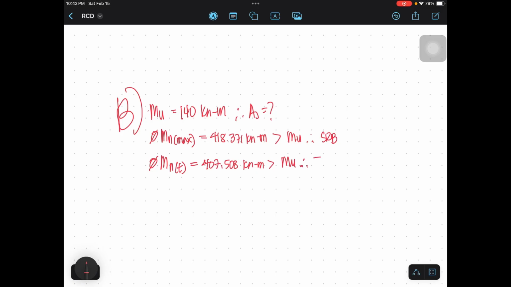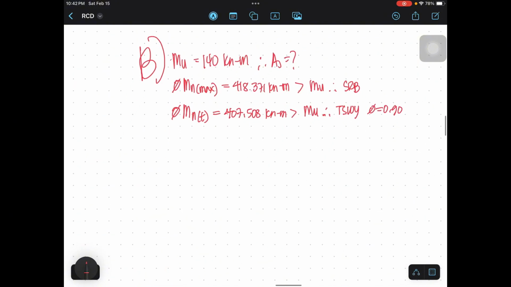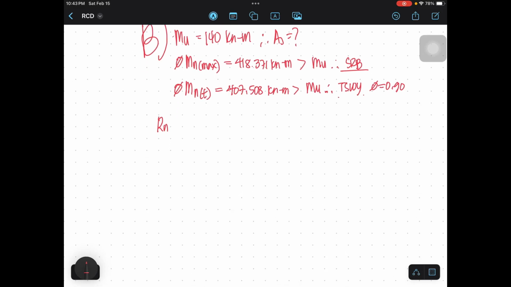Therefore, we are tension controlled or tension steel will yield. And yung reduction factor natin is 0.90. Okay, so after natin malaman na ito ay SRB, at the same time TSWY or tension steel will yield, pwede na natin ma-compute si coefficient of resistance.